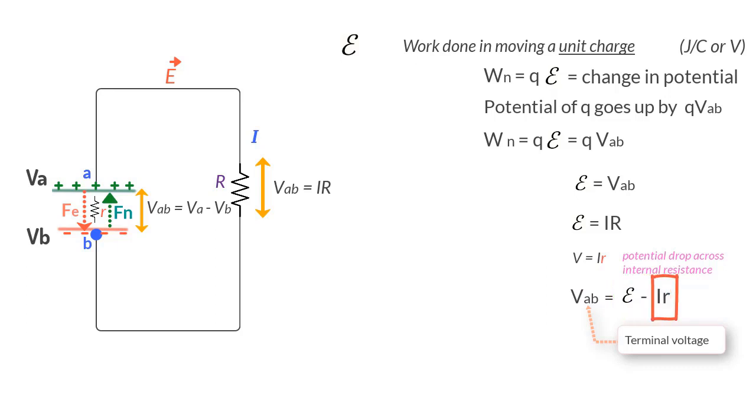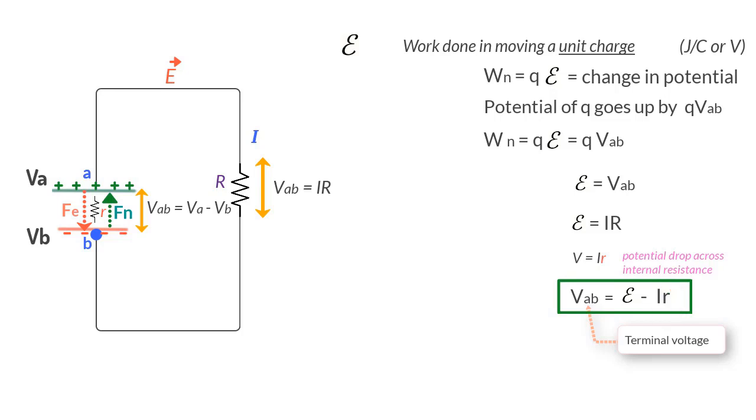So if you are given a battery that reads an EMF of 1.5 volts, you can say that the terminal voltage VAB will also be 1.5 volts as long as there is no current flowing through it. That is, I is equal to 0. But the moment current starts flowing, the terminal voltage reduces by an amount IR, where R is the internal resistance of the battery.